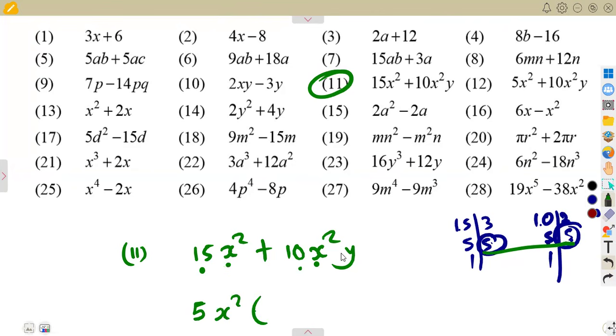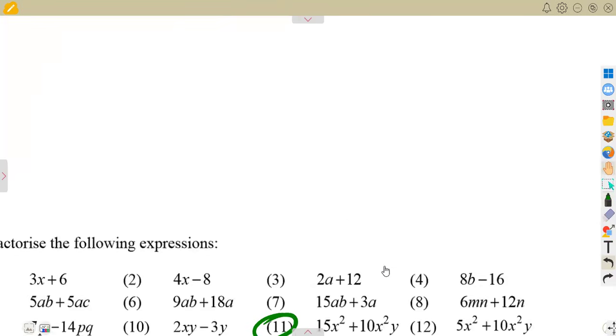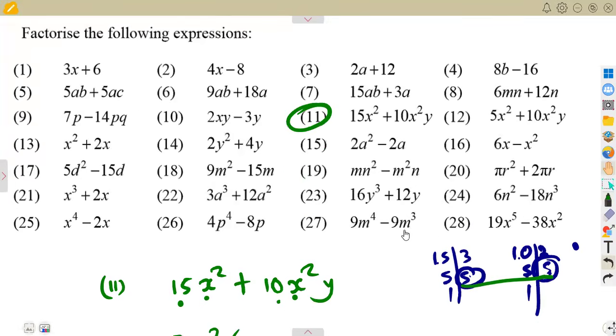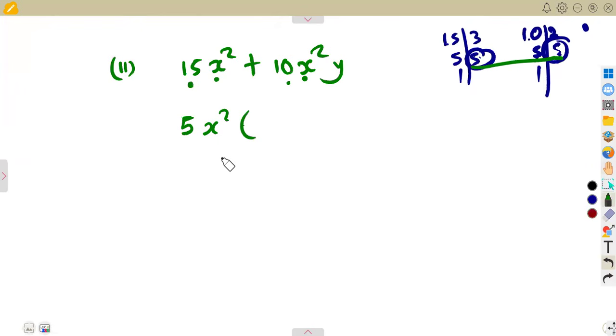Y cannot be taken because it is not common. Remember I said that for the variables, the letters you are given, X, Y, whatever, it must be common first. I erased that part, but I think you still remember. So Y is not common, and we cannot take this one.